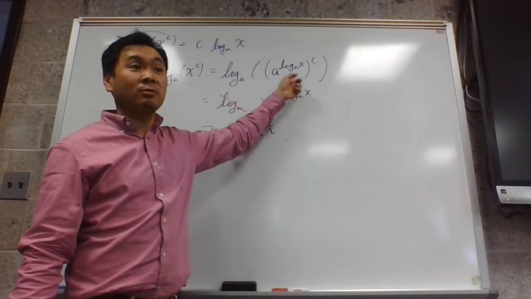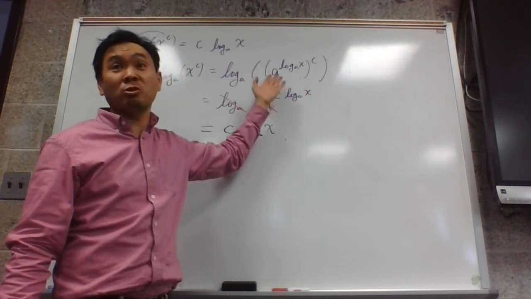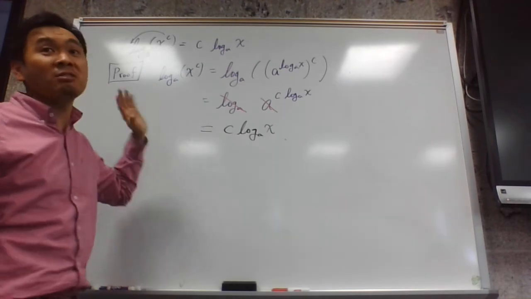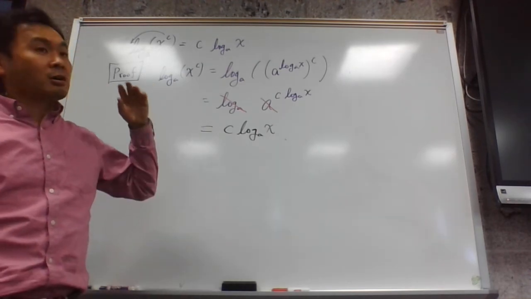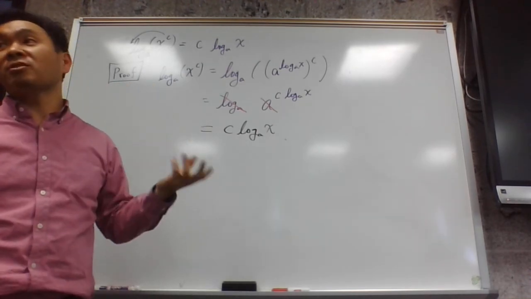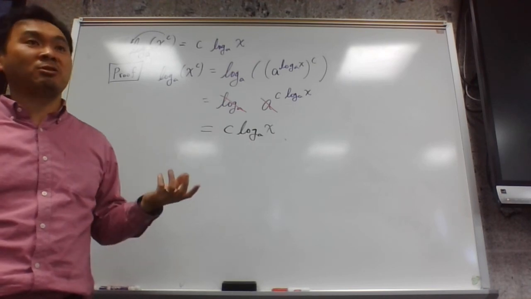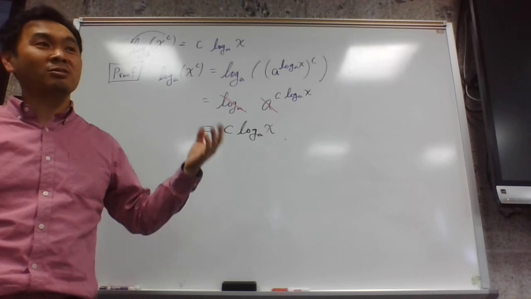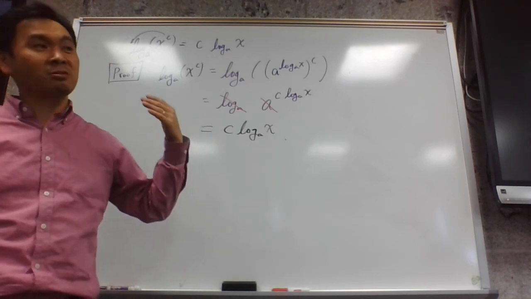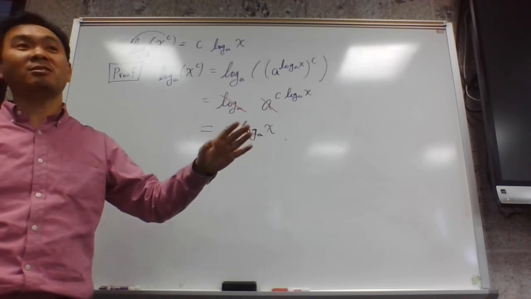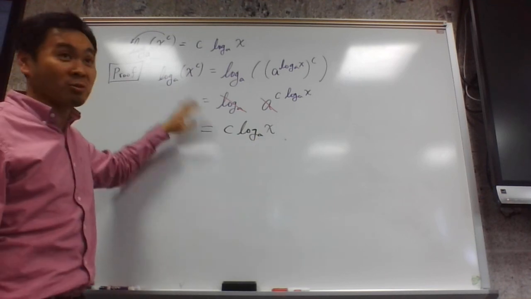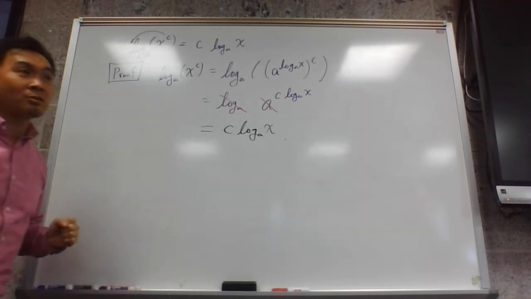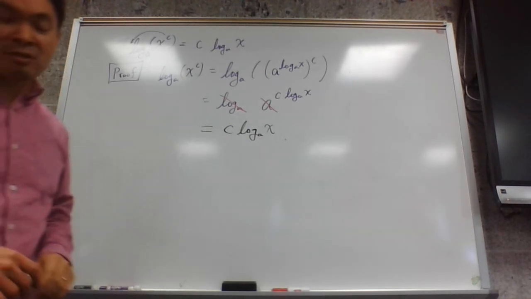So all the exponential rules that you know give you some rule for the log, and the reason for that is because logarithms are inverse functions of the exponential function. So anything that exponential functions enjoy, there's some kind of correspondence in the inverse function world, and that's why you get all these strange looking rules. Okay, so we're going to start doing a lot more examples using these next time.